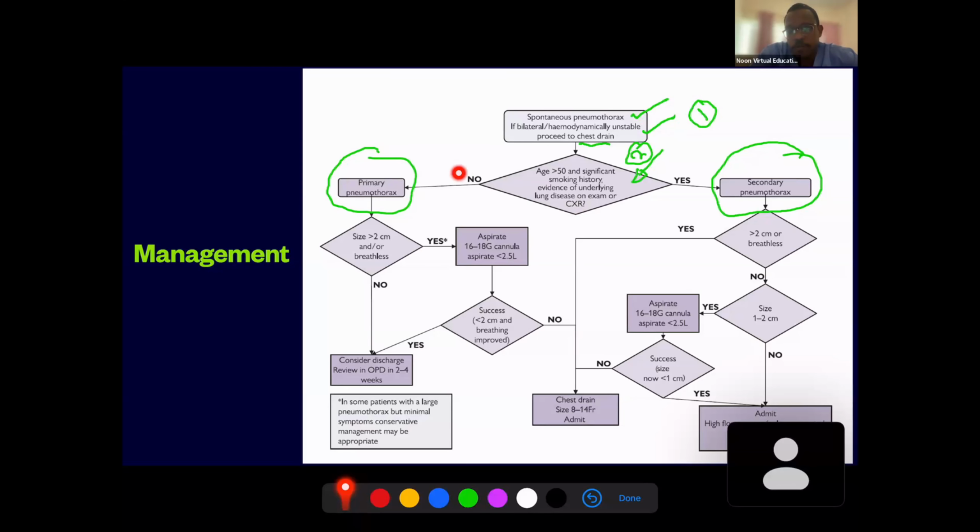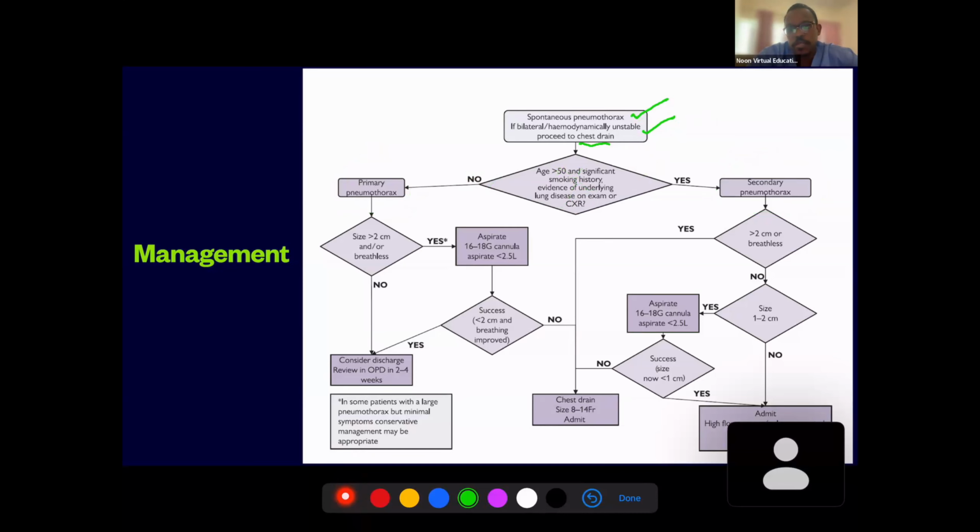If no, consider it's no now, nothing here. So you will go directly here. This is primary pneumothorax. So the first thing in a patient with pneumothorax, you need to determine whether it is secondary pneumothorax or primary pneumothorax.